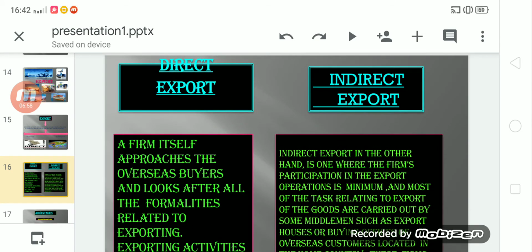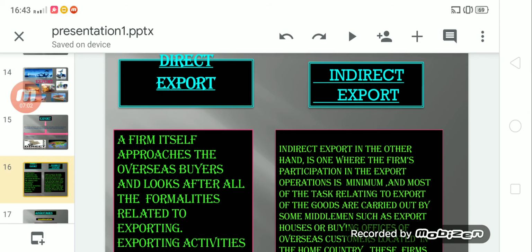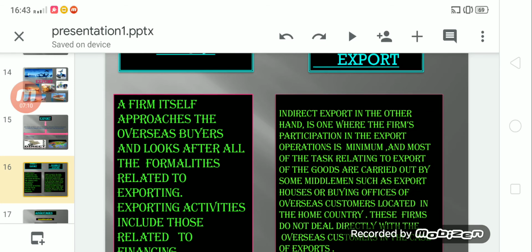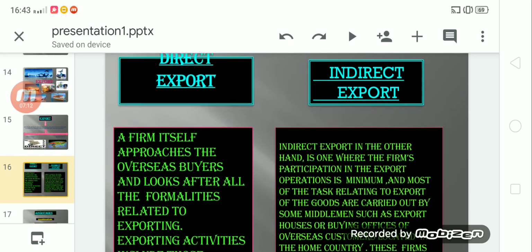Direct export. A firm itself approaches the overseas buyers and looks after all the formalities related to exporting. Exporting activities include those related to financing.